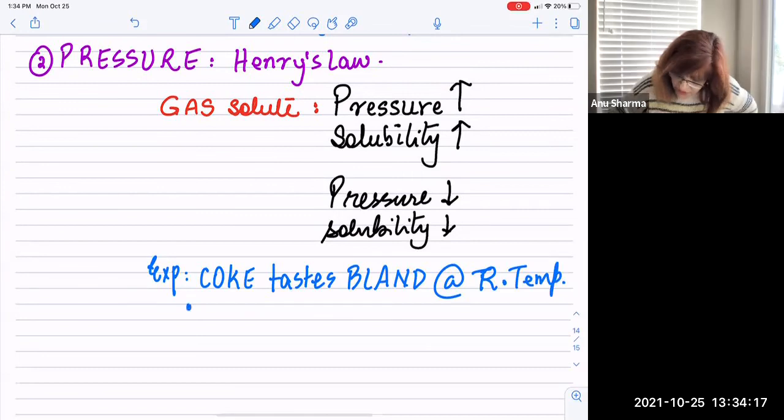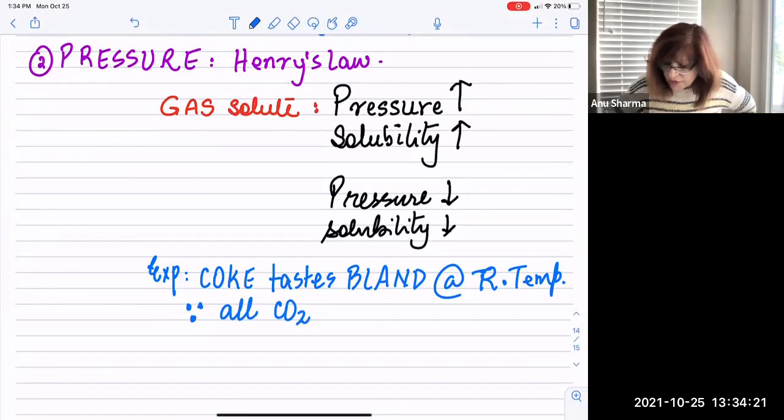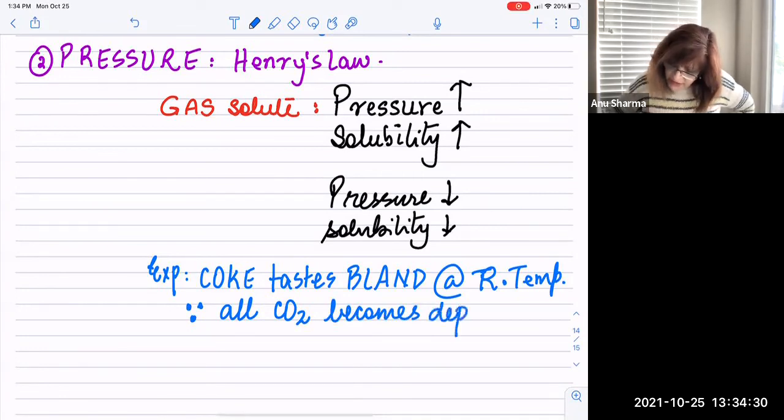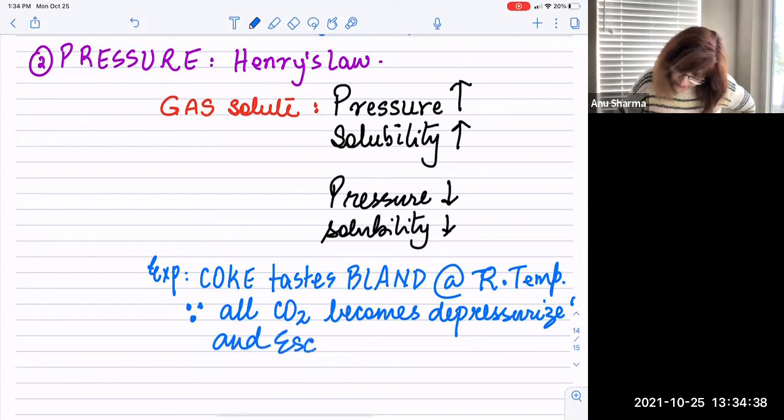Why? Because all the CO2 becomes depressurized, it's not under pressure anymore, and escapes.